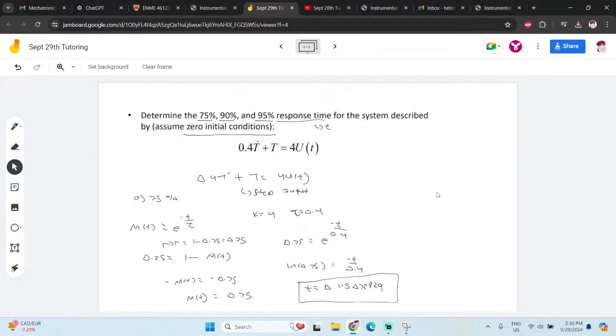Now, the 75% response time means where you did this should be. Okay, so you did this. I think 0.75 should equal 1 minus e to the power of negative t over 0.4, right?